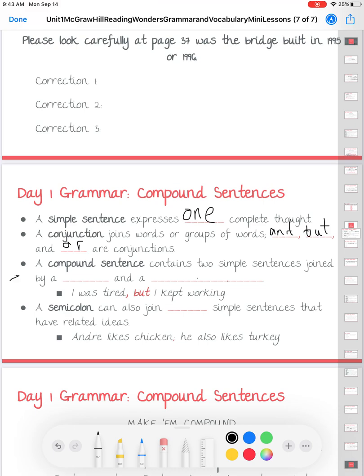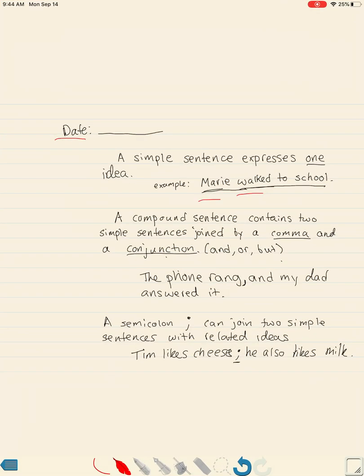For example, here it says a compound sentence contains two simple sentences joined by a conjunction and a comma.